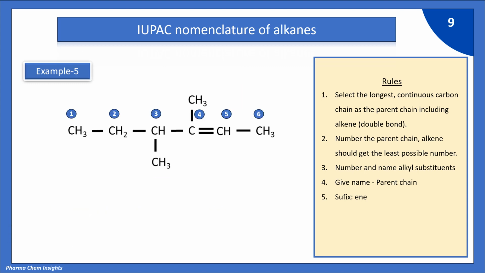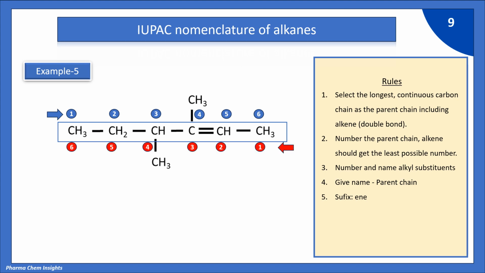All right. Example 5, we have the longest carbon chain, which is 6 carbon atoms long. So it is hexene. Now let us see from which end we can number. We can number either from this end or from the opposite end, which is written in red.